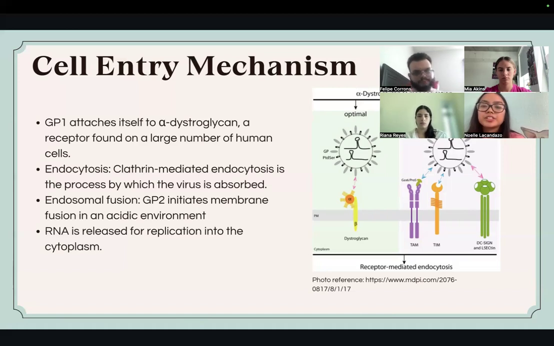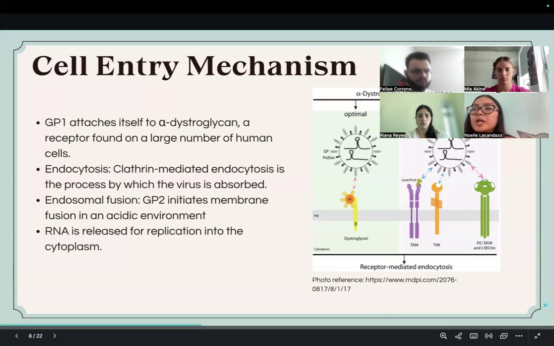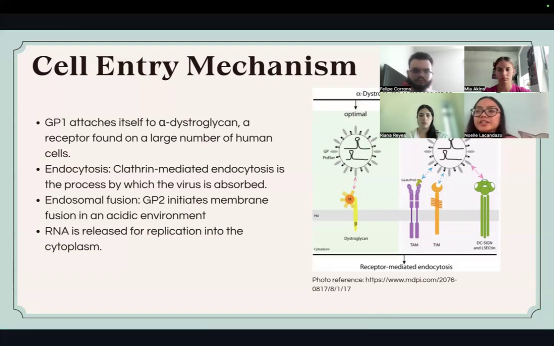Endosomal fusion is when GP2 initiates membrane fusion in an acidic environment, and RNA is released for replication into the cytoplasm. The Lassa virus, in summary, attaches itself to a receptor known as alpha dystroglycan, using its glycoprotein GP1 in order to enter host cells.